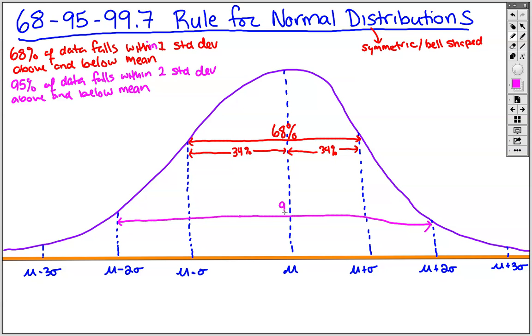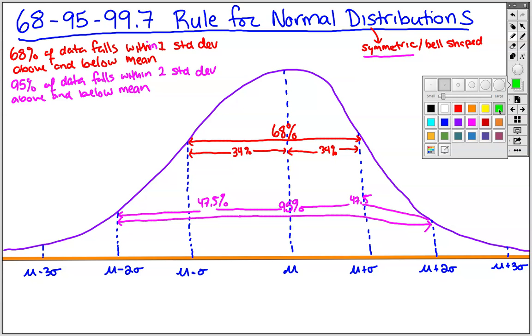And we know that 95% of the data falls in there. So you could say that 47.5%, which is half of 95, falls there, and then half of it falls in there. Okay, because it's symmetric, remember, it's symmetric.